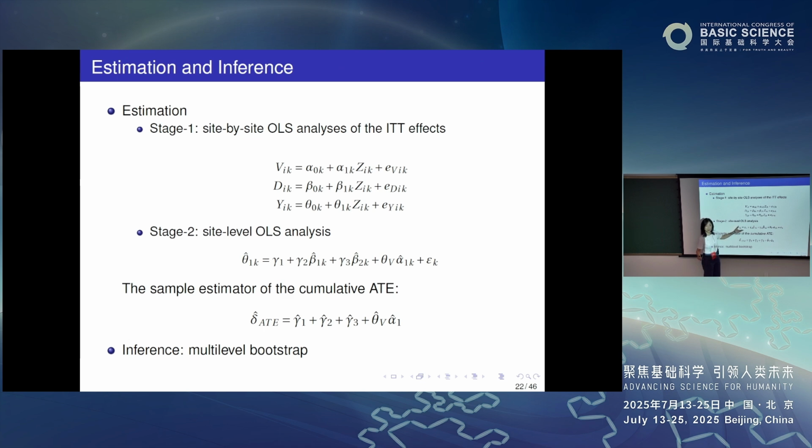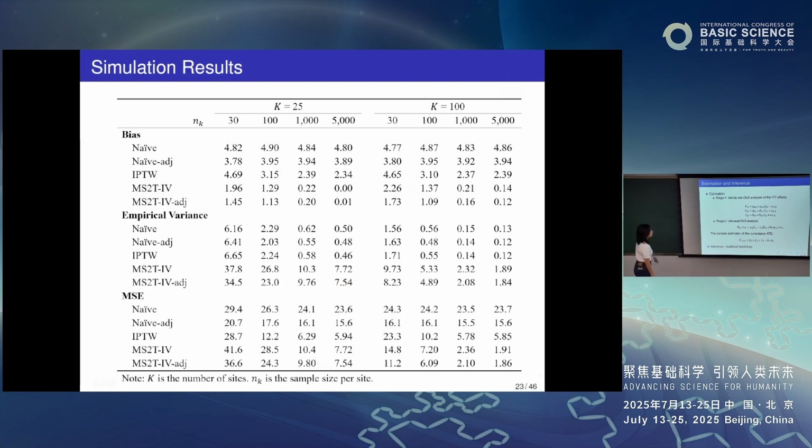So the number of sites essentially gives you the number of observations. If you don't have a large number of sites, then you essentially don't have many observations. And of course, the estimation of those parameters won't be very efficient. So this is what causes large variance, but the variance will decrease as sample size increases.